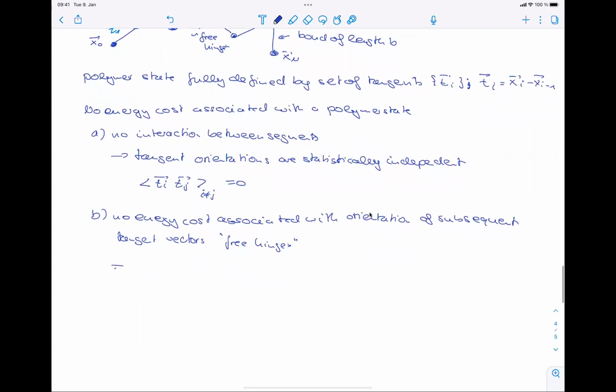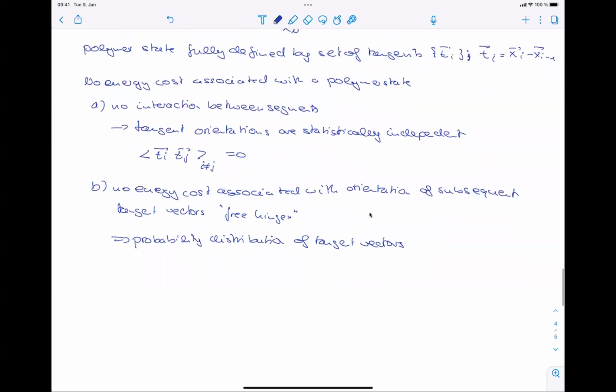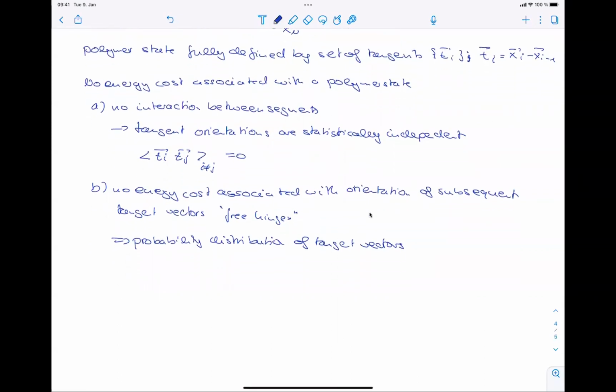And from that, we can actually infer the probability distribution of the tangent vectors, because there's no energy, so they are all oriented in three-dimensional space.